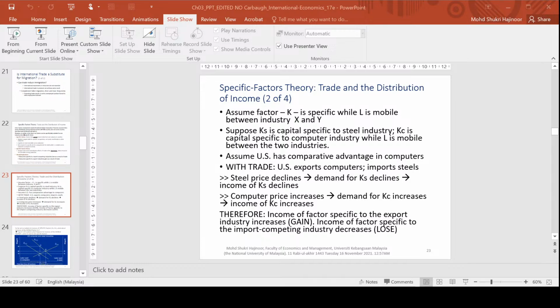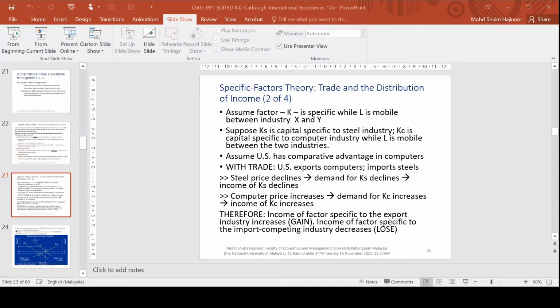As a result, we're going to see movement also of labor to the computer industry, because for any product, the more you produce of that product, the more of both capital and labor will be needed, depending on the capital intensity of the product.